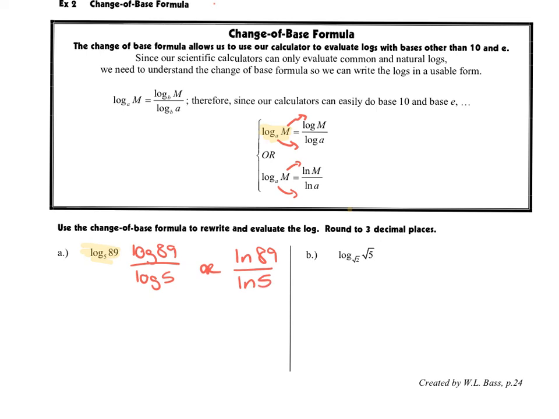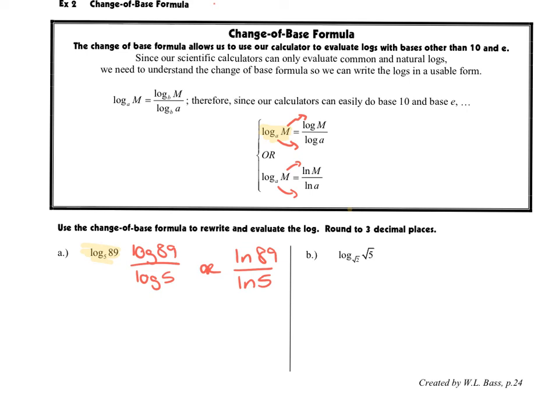I oftentimes will choose the natural log simply because it's fewer letters to write, but it doesn't actually make any difference. What does matter is that whatever base of the log you choose for the numerator, you have to choose the same for the denominator. You can't mix and match like we saw in some of our examples up above.